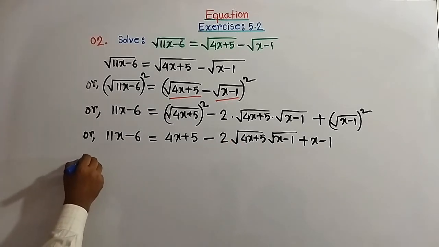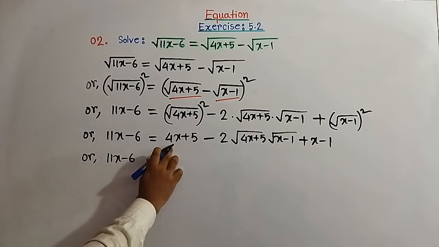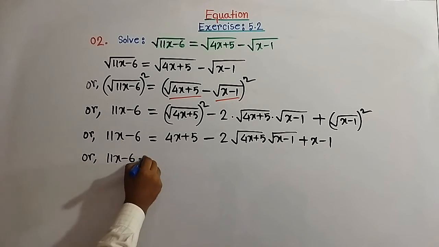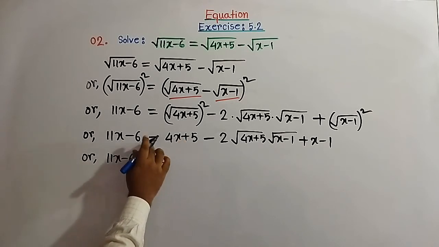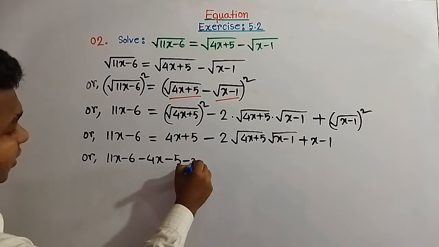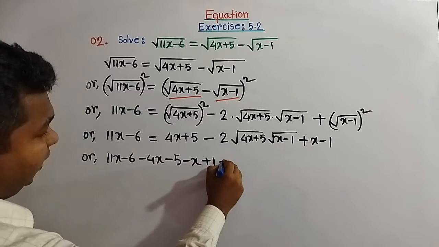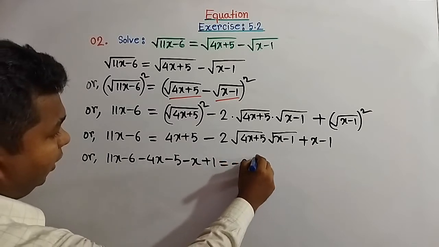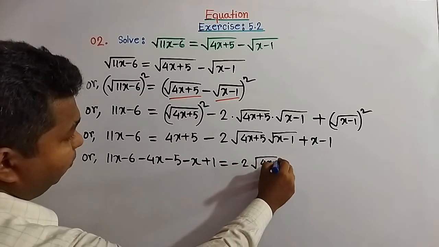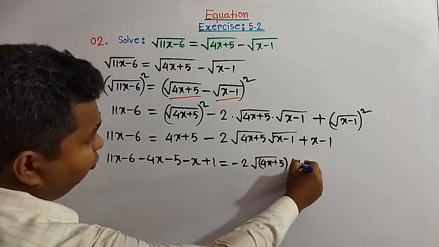So we have to write 11x − 6, here plus 4x becomes minus 4x, plus 5 becomes minus 5, plus x becomes minus x, then minus 1 becomes plus 1, equal to −2 √(4x + 5) into √(x − 1).